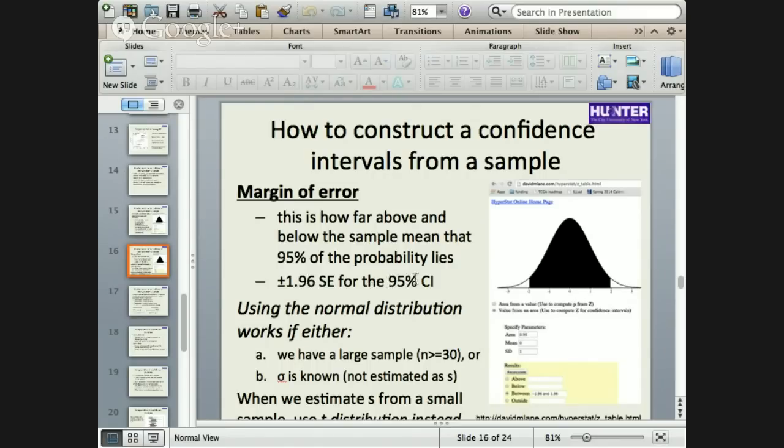For a 95% confidence interval, you remember that for a normal distribution, from the empirical rule, 95% is within about plus or minus 2 standard deviations, or 1.96 to be exact. So that's all there is to it for the 95% confidence interval: take the mean plus or minus 1.96 standard errors. And this 1.96 standard errors is your so-called margin of error.